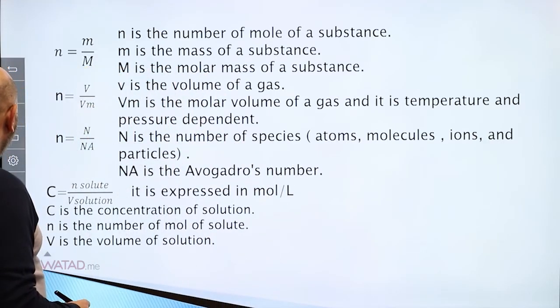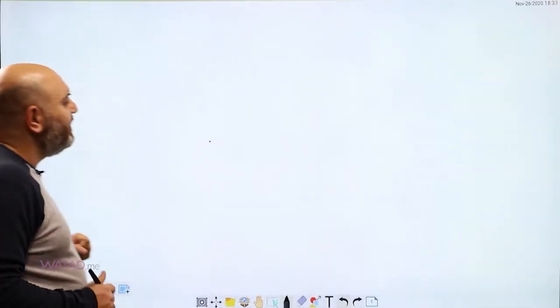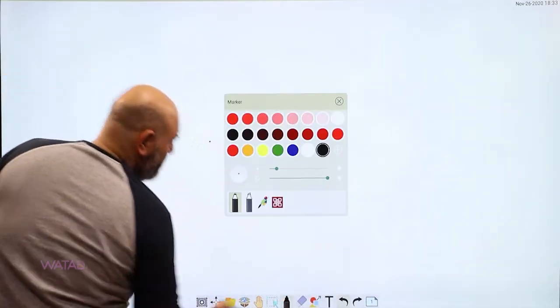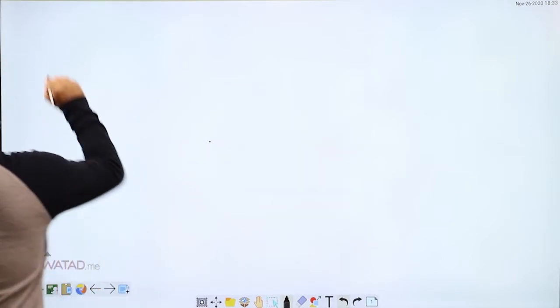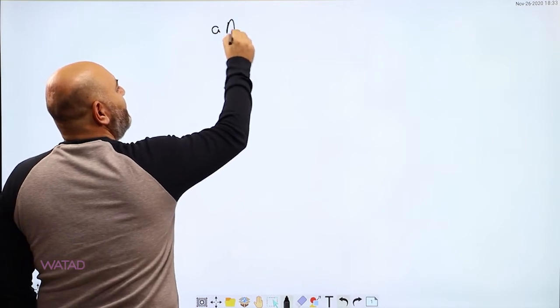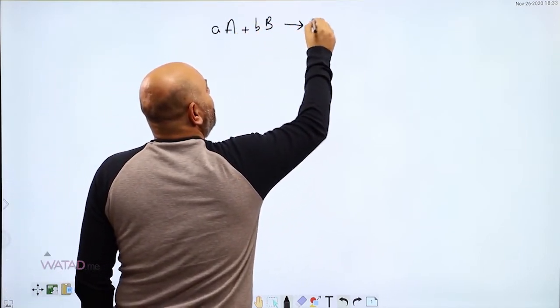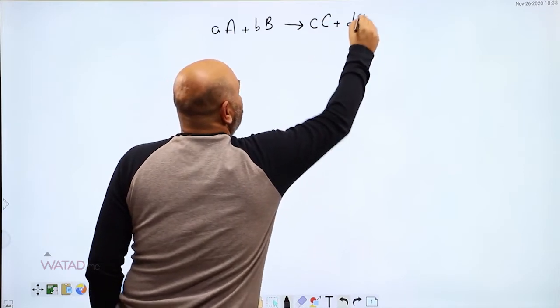Now we have to understand this fact. Any chemical reaction can be expressed as aA plus bB gives cC plus dD.